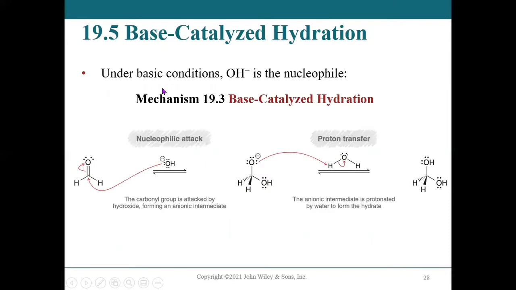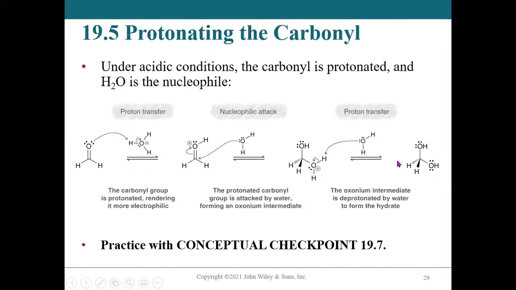Under basic conditions, OH⁻ is the nucleophile, so this is the base-catalyzed hydration. Hydroxide, for example, attacks the carbonyl carbon, producing the anion intermediate, and then abstraction of another proton from water produces this hydrate.